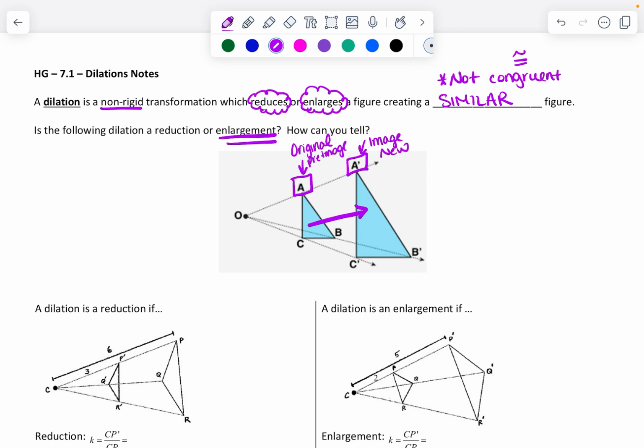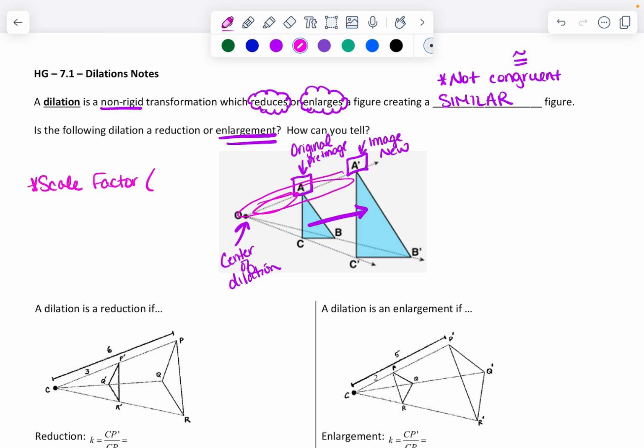The other thing to note here is this point O. This is called the center of dilation. We're looking at how much bigger the triangles got, but also the distance away from that center of dilation, so it's important. When we try to figure out whether these figures are getting bigger or smaller, we need to look at what's called the scale factor.